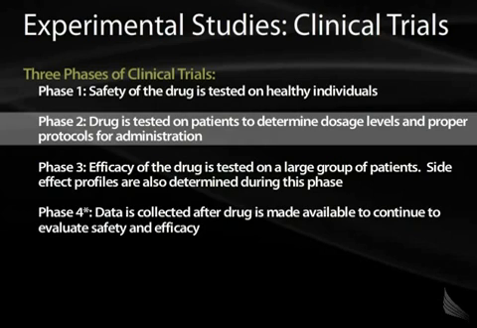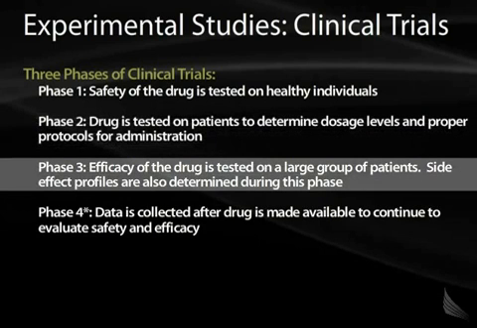In phase 2, the target population, but a small number of patients in this population, are tested to determine the appropriate dose and to learn about the appropriate protocols for further administration of the compound. In phase 3, the efficacy of the drug is tested on a large group of patients in the target population. This phase of drug development helps us understand the side effect profiles.